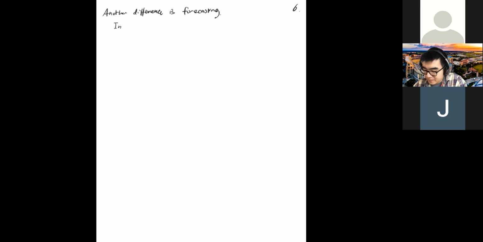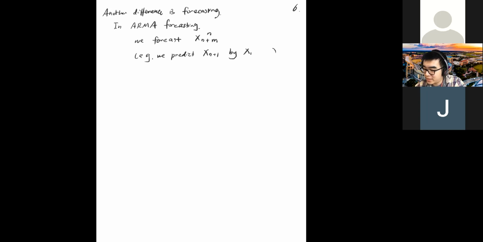In ARMA forecasting, we forecast or predict x_{n+m} given the data up to n, right? So for example, we predict x_{n+1} by x_1 all the way to x_n.